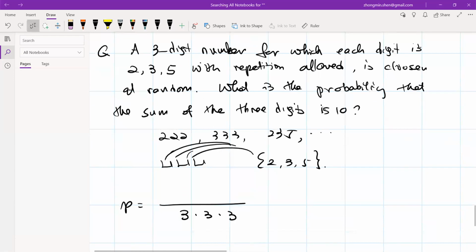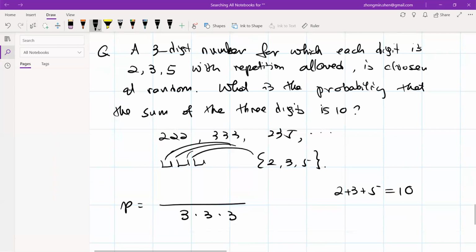Some of you already got 2/9. The desired outcomes: we're going to have 2 plus 3 plus 5, which is 10, right? Can you find any other possible combinations?